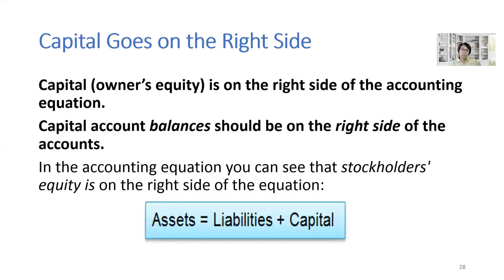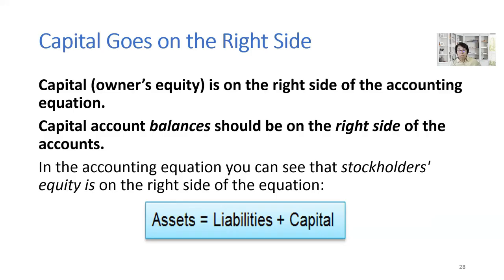Okay, so we're going to do the same for capital. Capital is basically the same as liabilities because they're on the right side of the equation. And so the balances always go on the right. Now, if it's a corporation, then the stockholders' equity is the capital. If it's just a business, like I'm a real estate agent, and if I want to figure out my equity, do you remember how I figure it out? I take my assets, which could be bank account, my automobile, what people owe me, and I subtract anything that I owe.